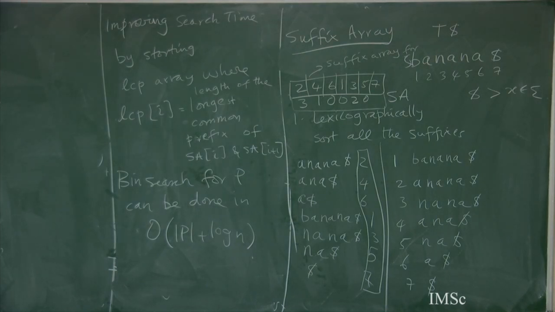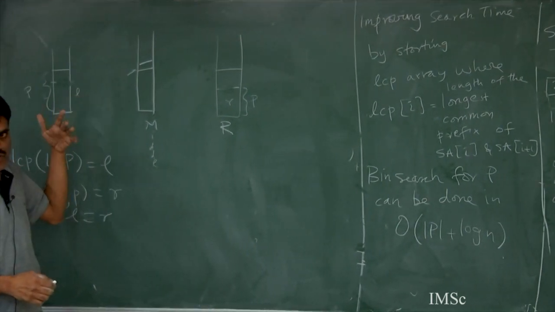Okay. And let us assume without loss of generality, suppose l is equal to r, what can you say? It means that the longest common prefix of L and the pattern is l, and the longest common prefix of R and the pattern is the same l. Now, I am going to compare my pattern with the middle, right. What do I know already?